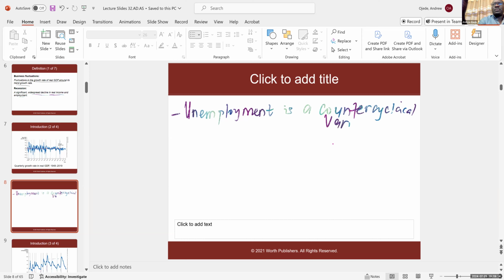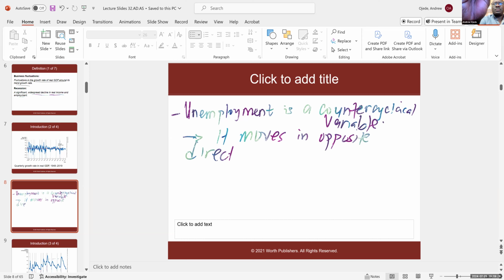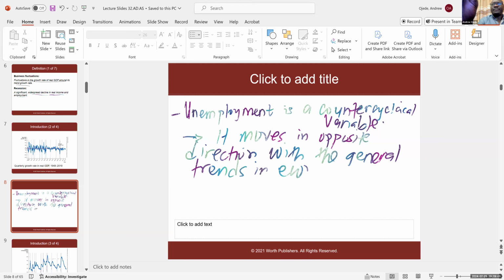That basically means it moves in the opposite direction with the general trend in economic activity.